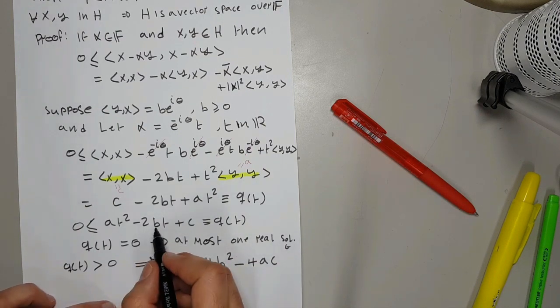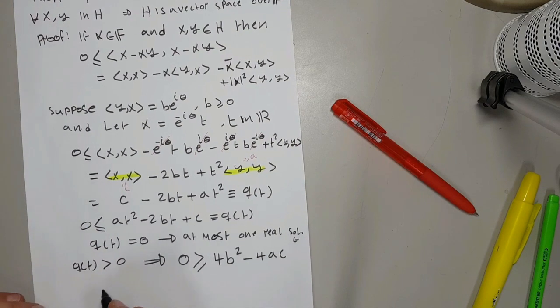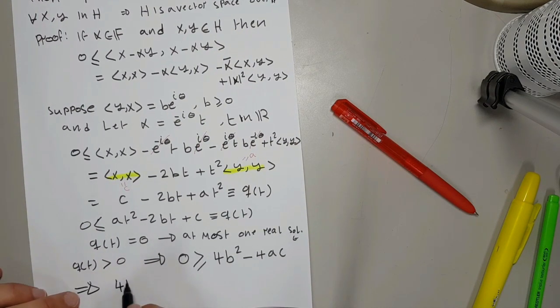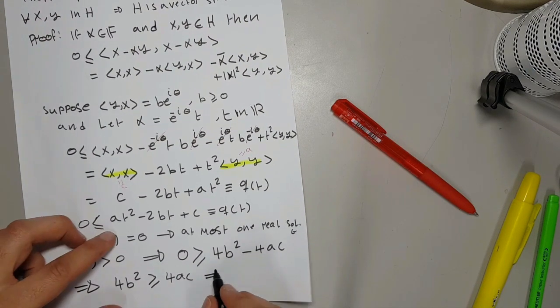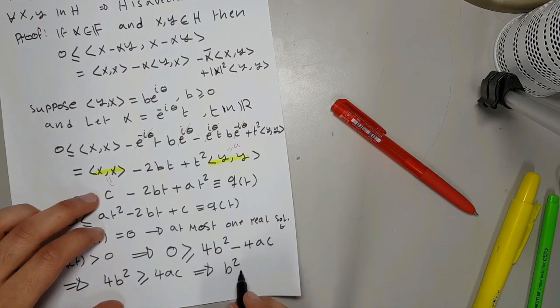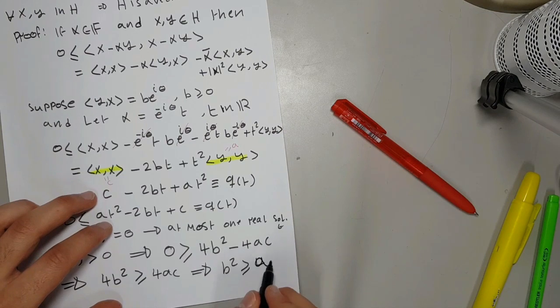So 0 is greater than or equal to 4b squared minus 4ac. It implies that 4b squared is greater than or equal to 4ac, and so b squared is greater than or equal to ac.